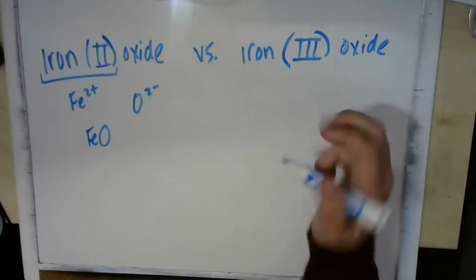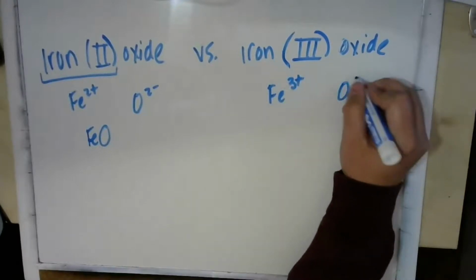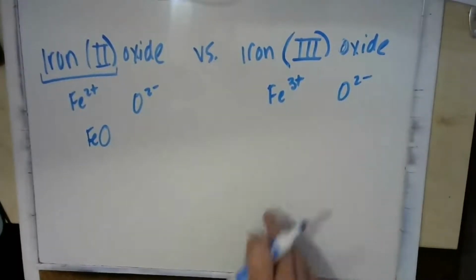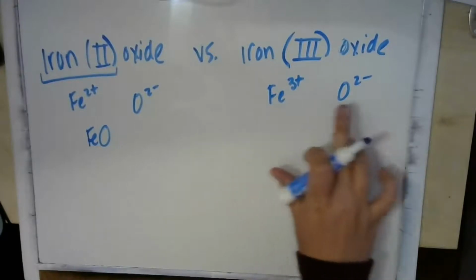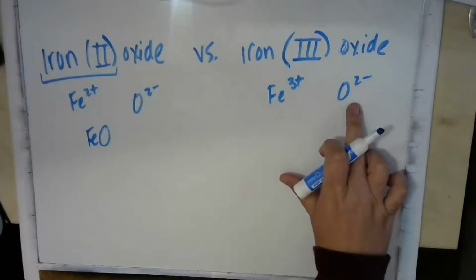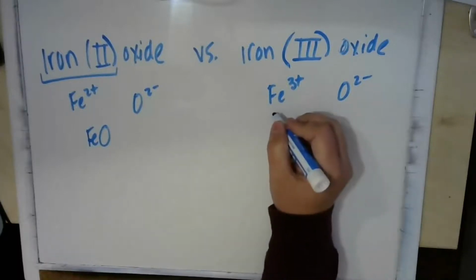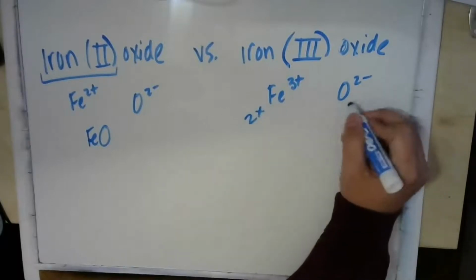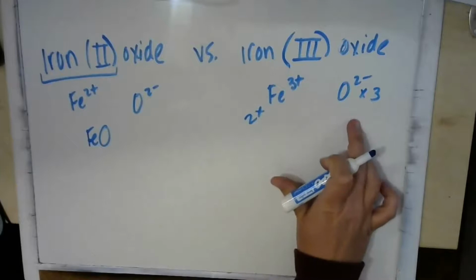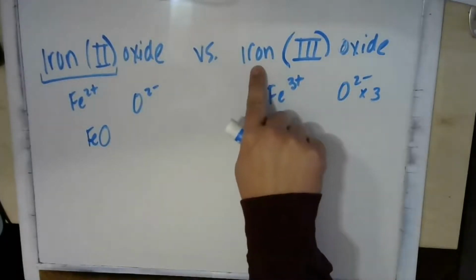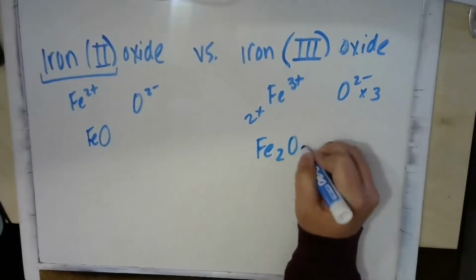Over here for the iron 3 oxide, I have Fe3 plus and O2 minus. I know that the iron 3 and the oxygen ion are going to combine in a 2:3 ratio, right? I'm going to need 2 of these for every 3 of these to have charge neutrality. So I know that the formula for iron 3 oxide would have to be Fe2O3.